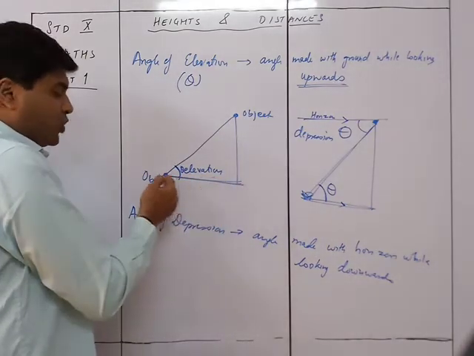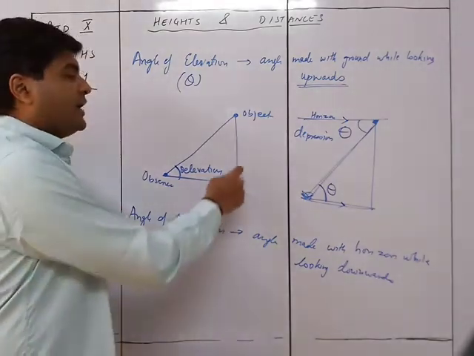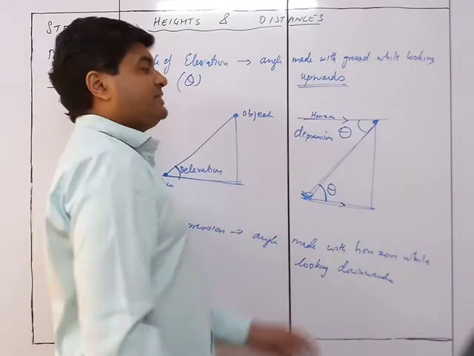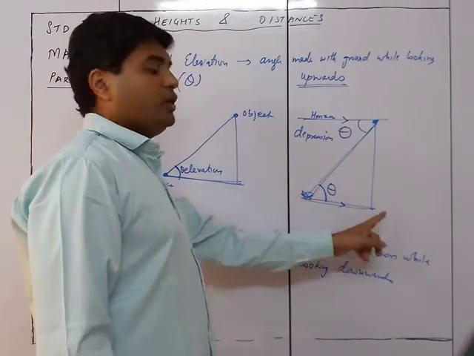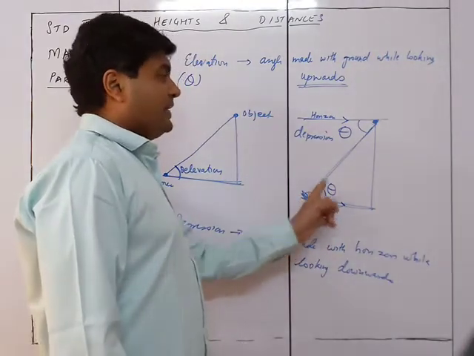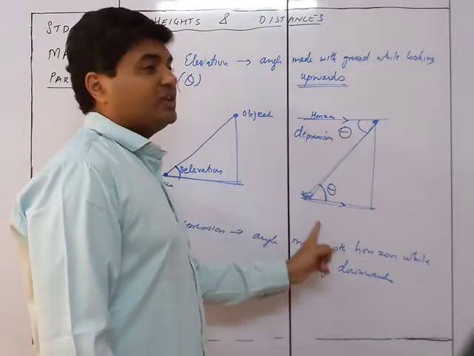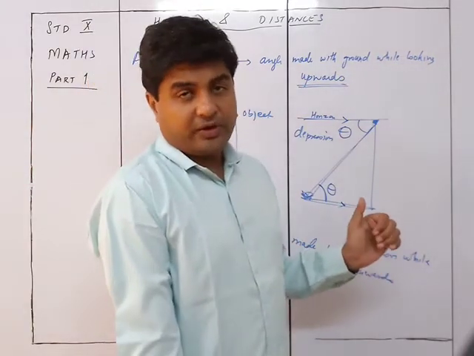He is standing at such a distance from the tower, which will be given to you, and you can find the height of the tower. Or suppose the person is standing on the tower and a ship or a car is coming towards the tower, and when he looks at the car, he makes an angle of depression. Then you draw the figure accordingly.